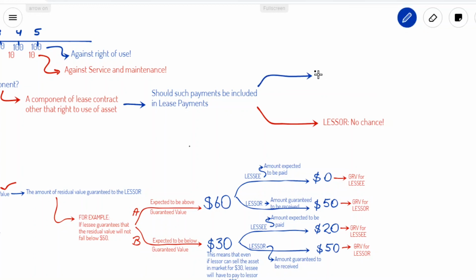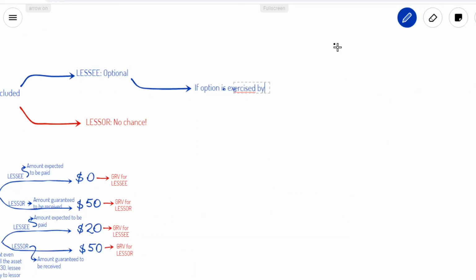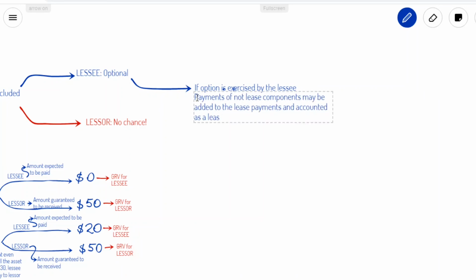But for the lessee, there is a choice. A lessee can either choose to sum them with the lease transaction and treat them as a whole, treat the entire $110 as a lease payment and treat the whole transaction as a lease transaction.